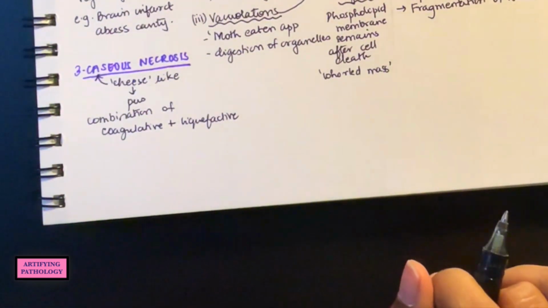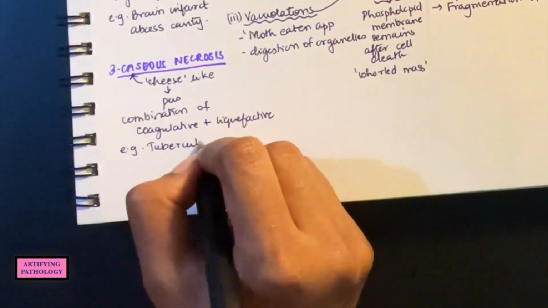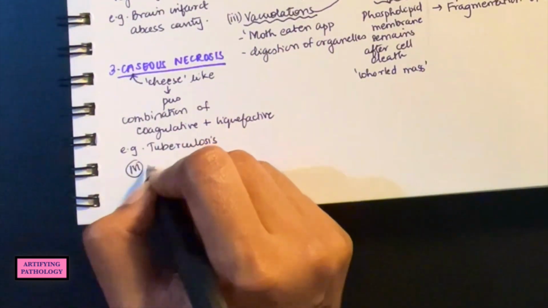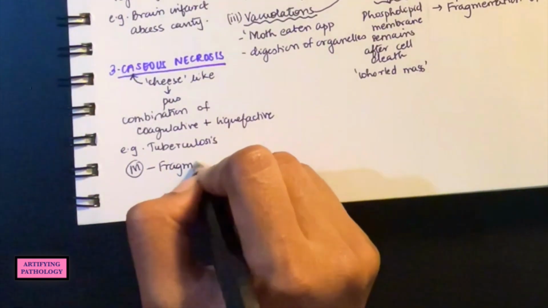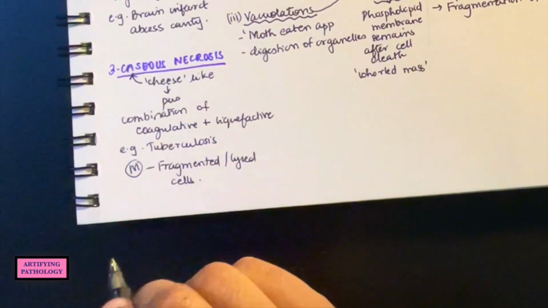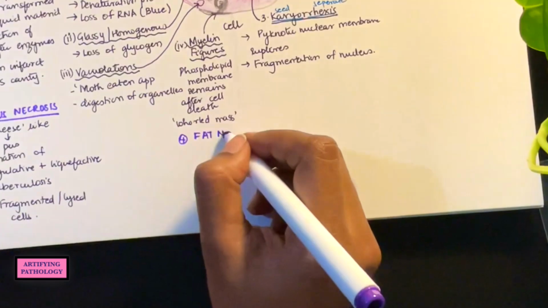The example of caseous necrosis is tuberculosis, which is a granulomatous inflammation. Microscopically, the cells undergo total fragmentation. Even the tissue architecture cannot be made out, unlike in coagulative necrosis.